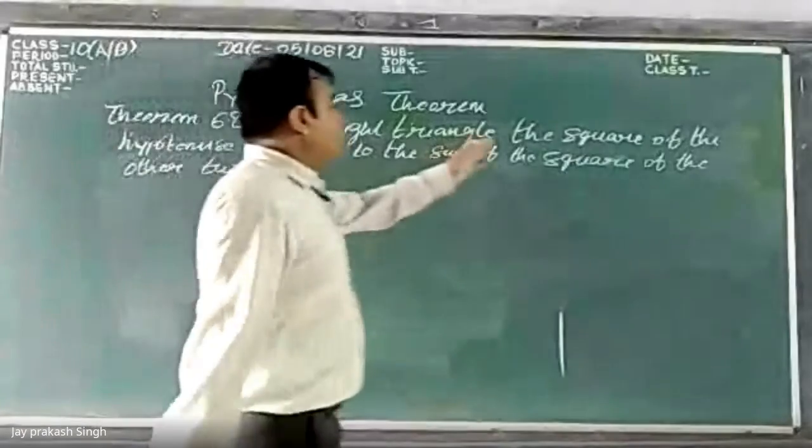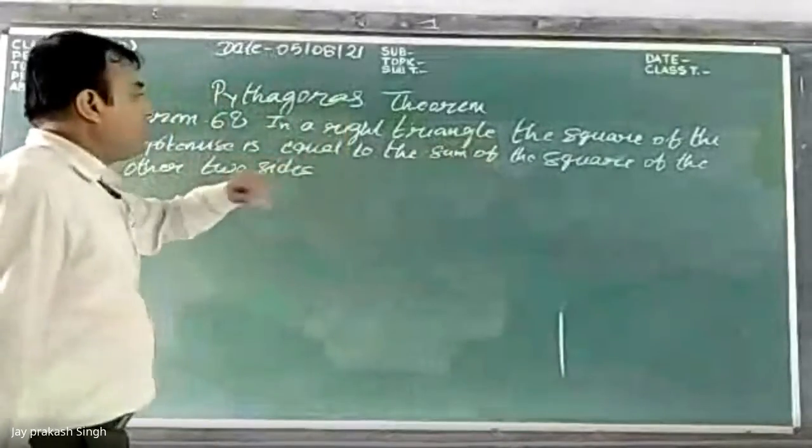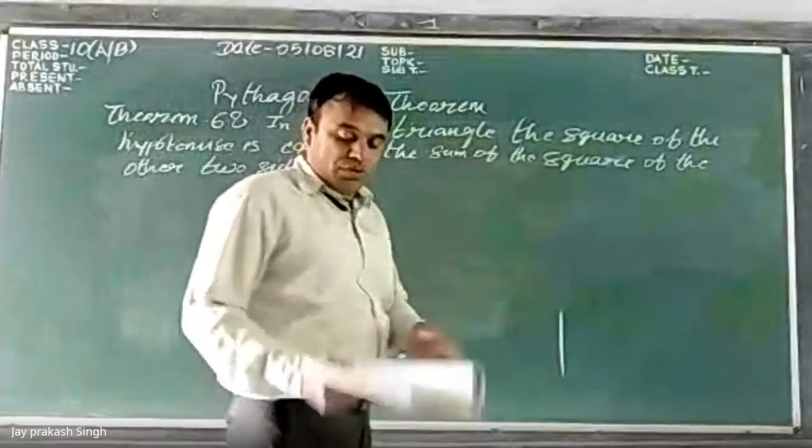In a right angle triangle, the square of the hypotenuse is equal to the sum of the squares of the other two sides.